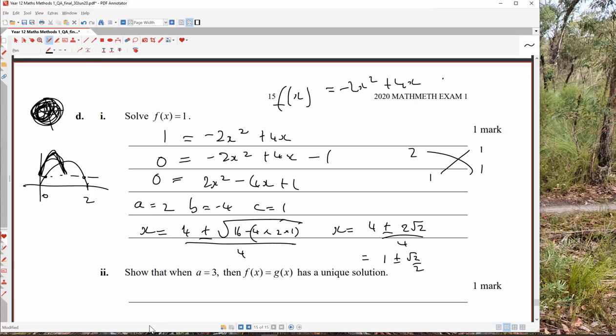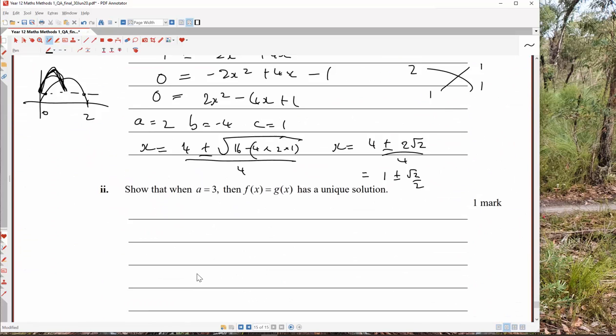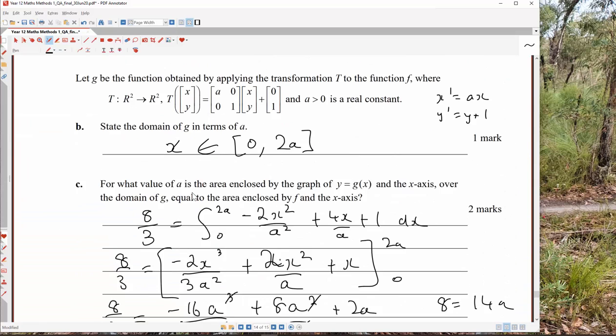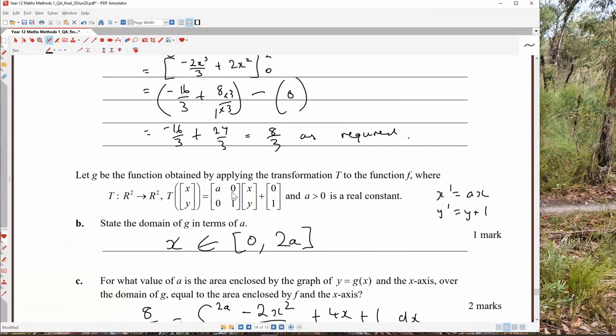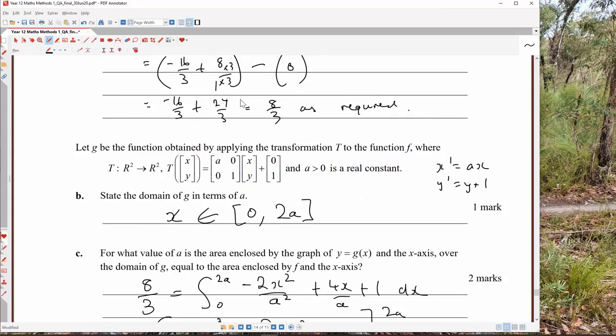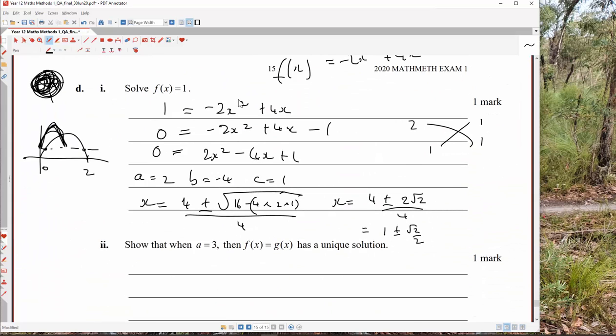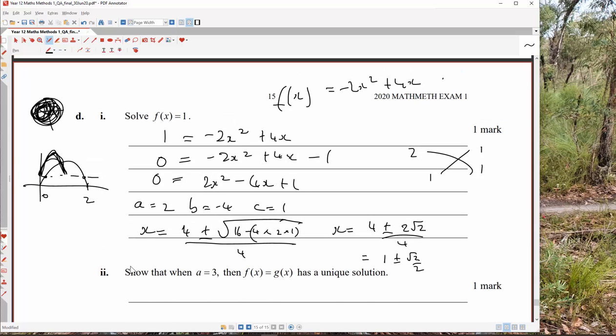All right, so when a equals 3, f of x equals g of x has a unique solution. So if we do f of x and g of x, f of x is that function, 2x squared plus 4x.